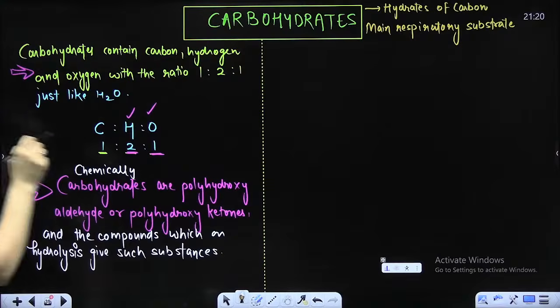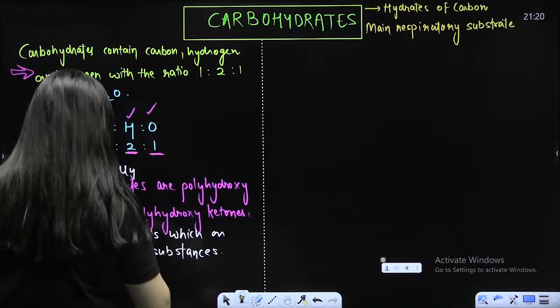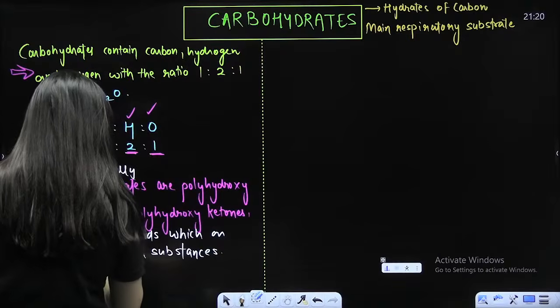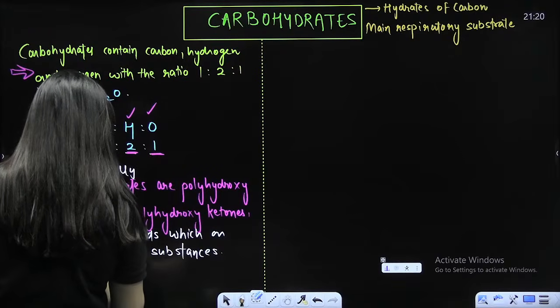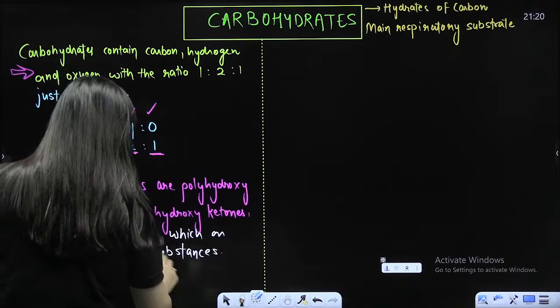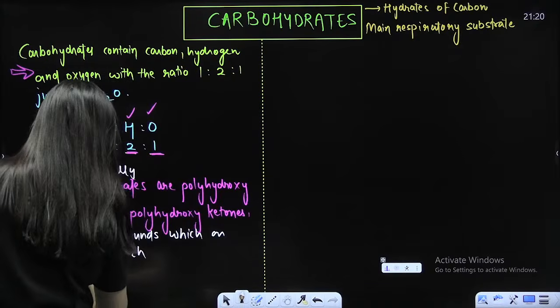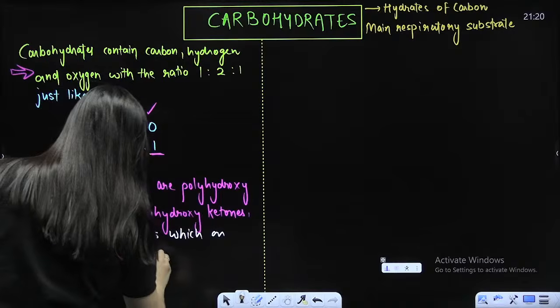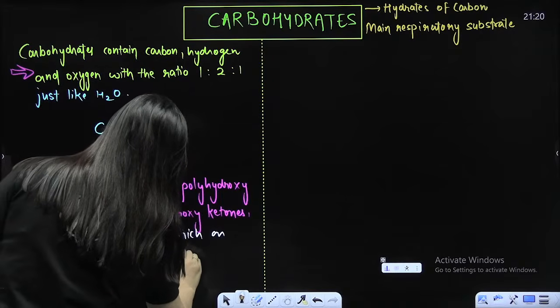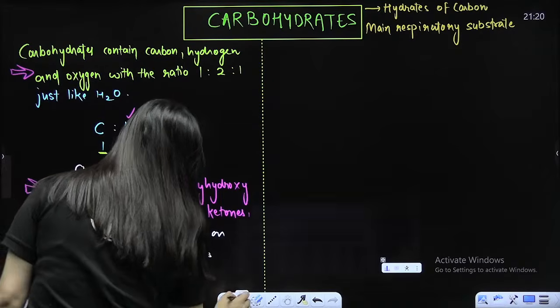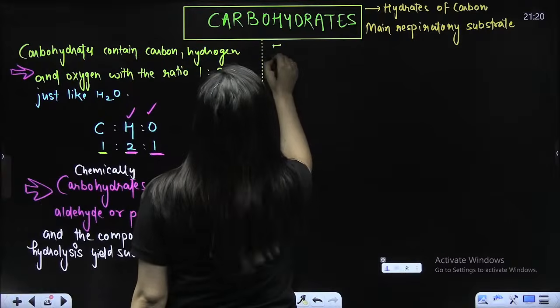So carbohydrates are polyhydroxyaldehyde or polyhydroxy ketones, and the substances which on hydrolysis yield such compounds. Okay. So I'll give you the example, and that's the most common example.